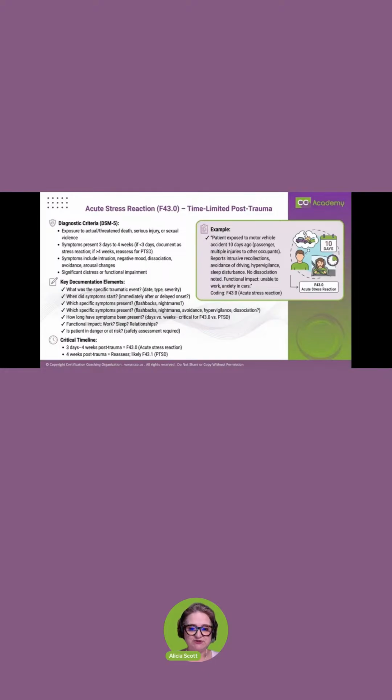Multiple injuries to other occupants, reports intrusive recollections, avoidance of driving, hypervigilant, sleep disturbance. No dissociation noted, functional impact, unable to work, anxiety in cars. That's F43.0, acute stress reaction.